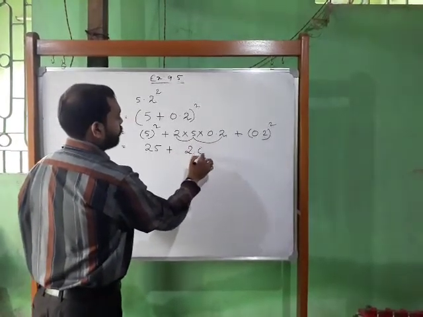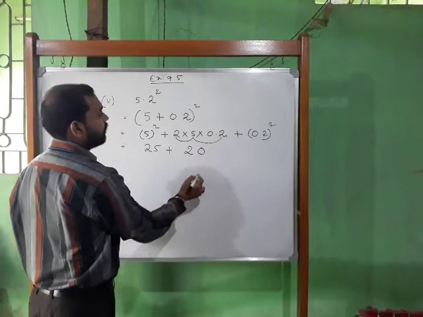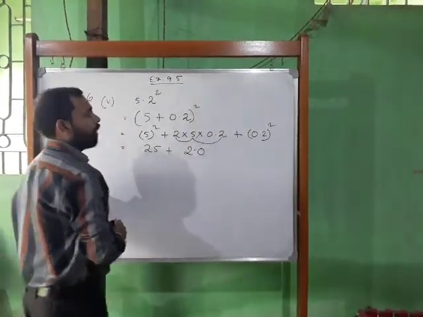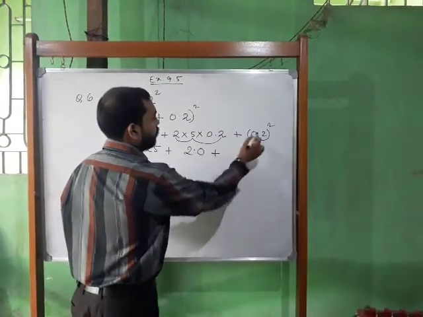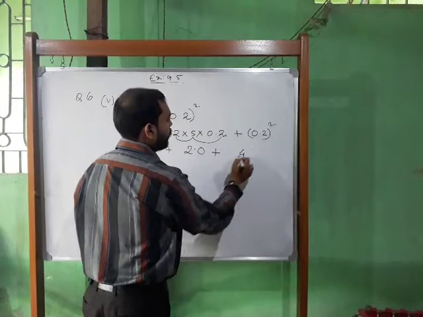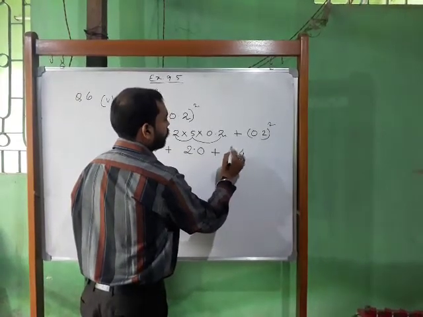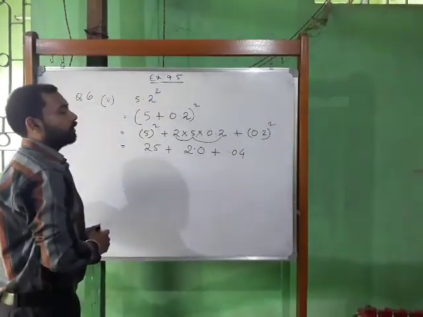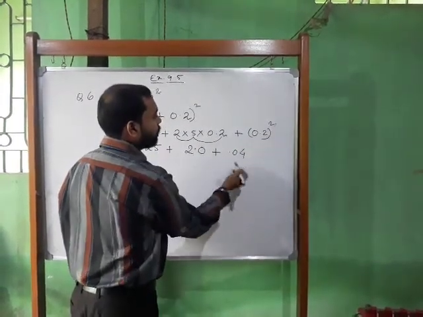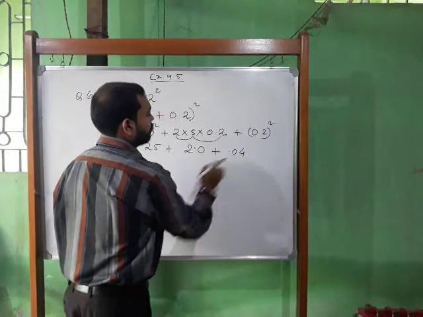So 20, but since here one decimal digit is there, put one decimal point, it will be 2.0. Plus, now 0.2 square: 2 square is 4, and since squared, we have to give 2 digits after the point.